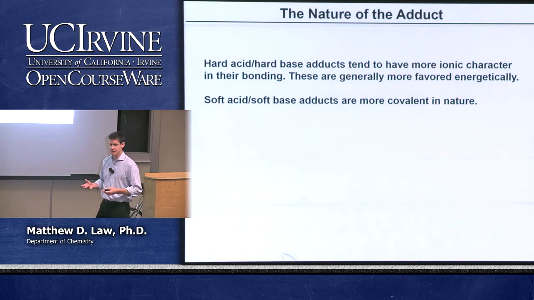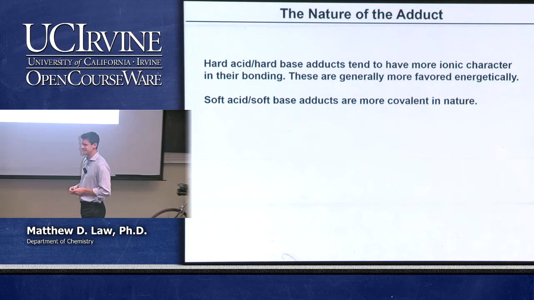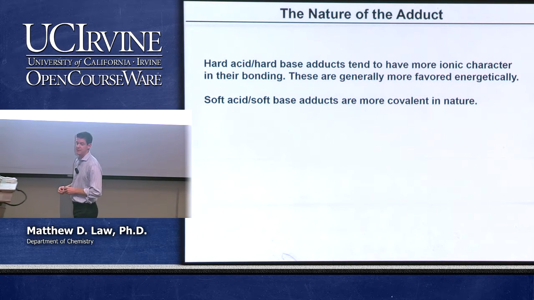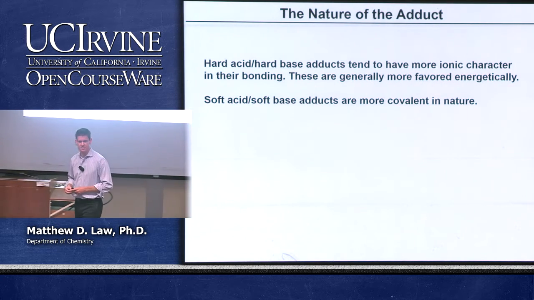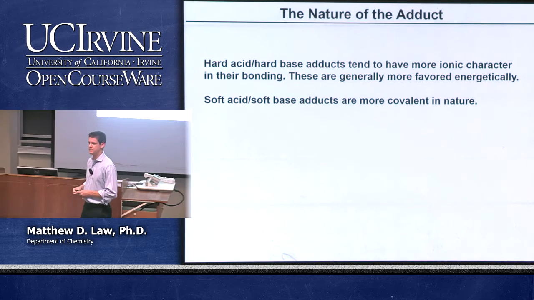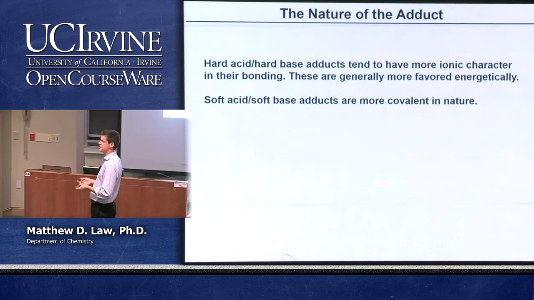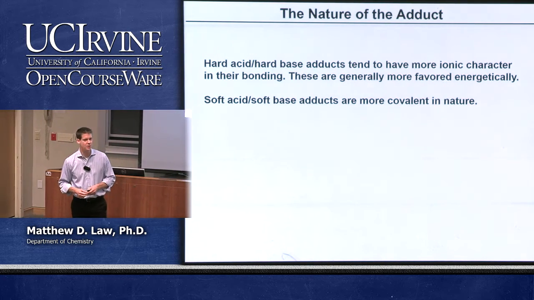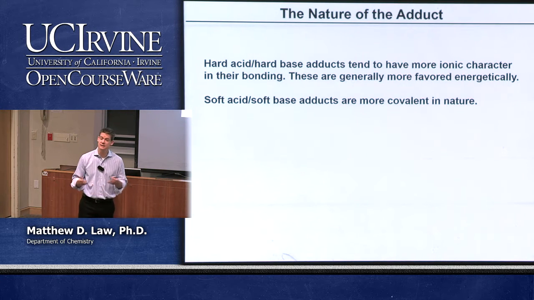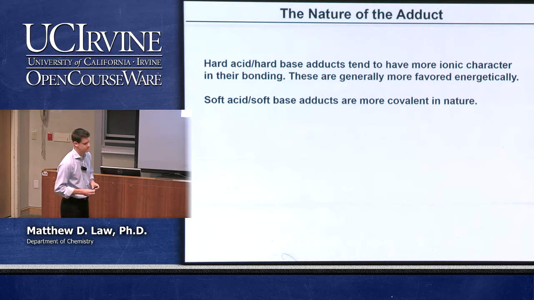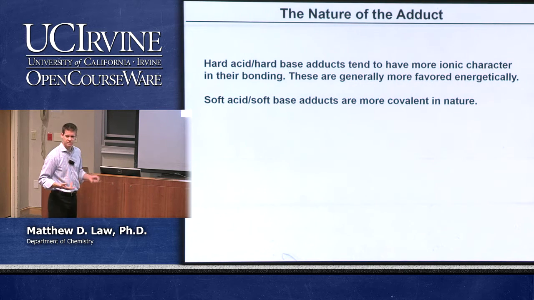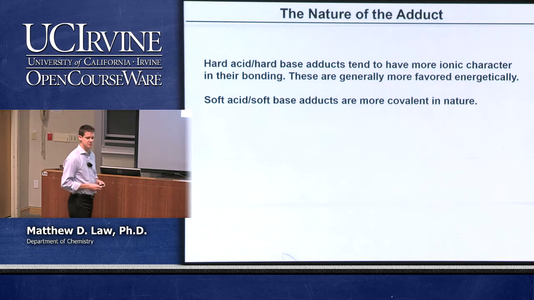Soft is the opposite side, so you have highly polarizable entities interacting, and you get more of a covalent kind of bonding. So you have good covalent bonding when you have soft, good ionic bonding when you have hard, and in the mixed cases, not so good. That's the general idea, and it has to do with orbital overlap and other concepts that we've talked about before.